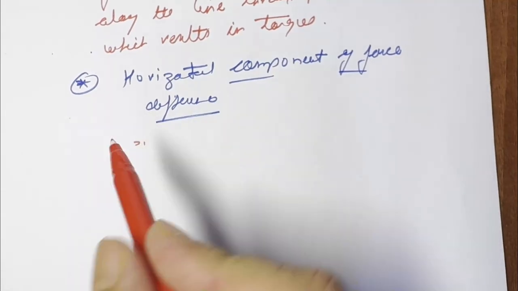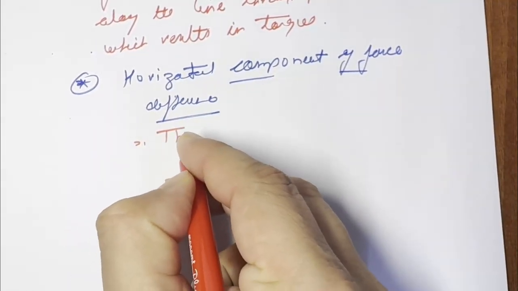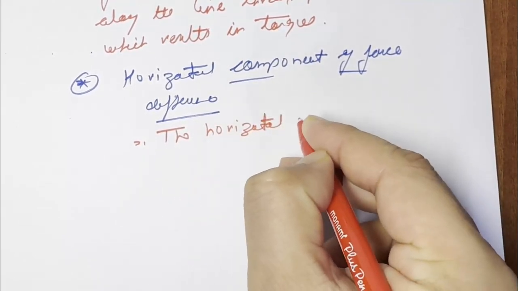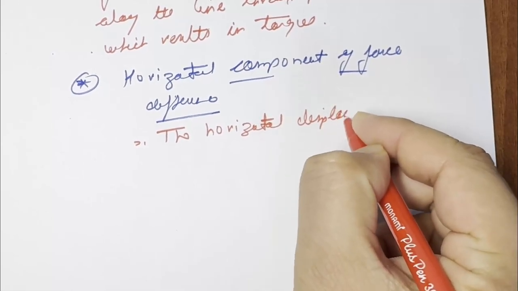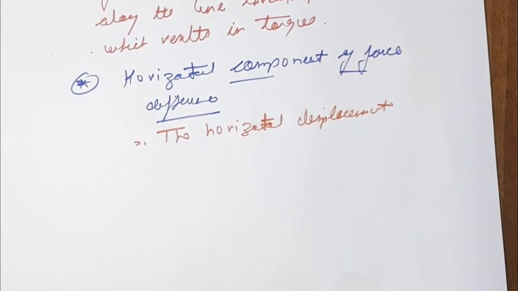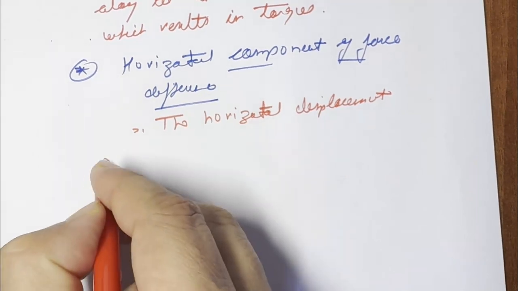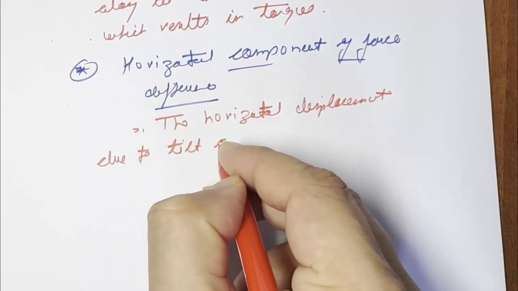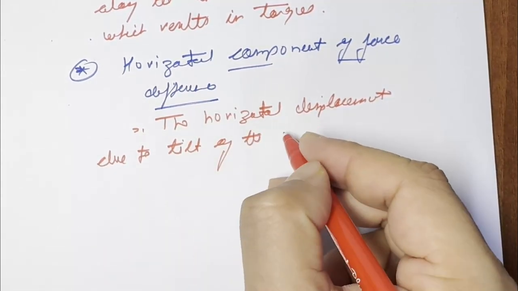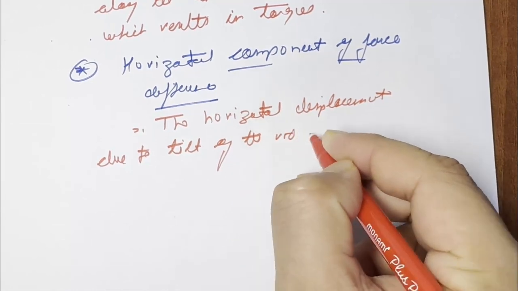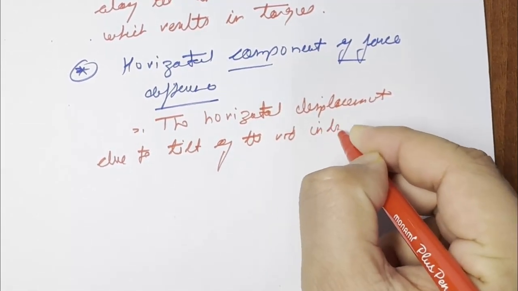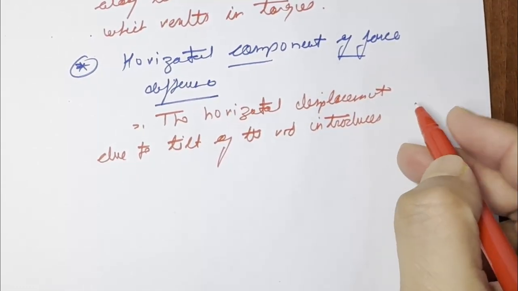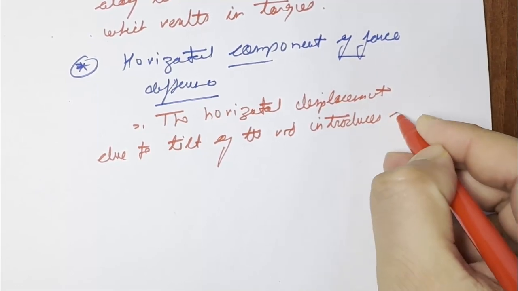So the horizontal displacement due to tilt of the rod introduces a net horizontal force difference.